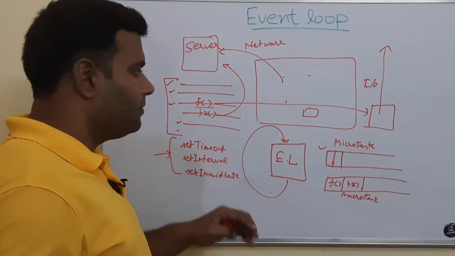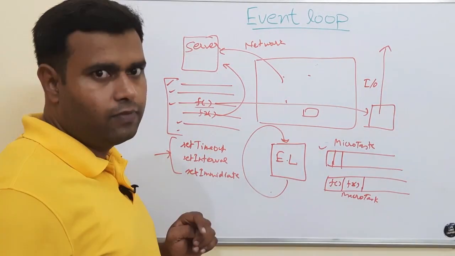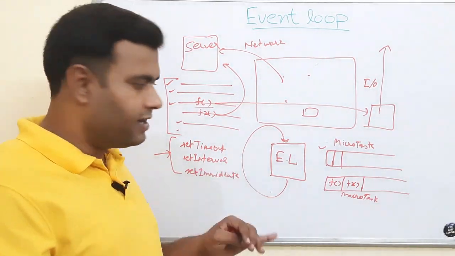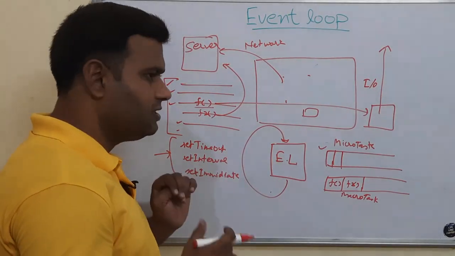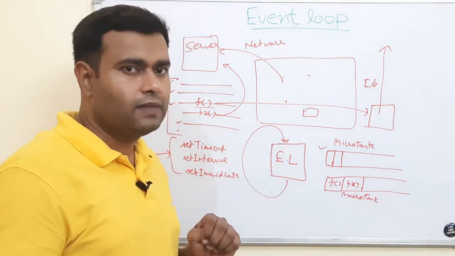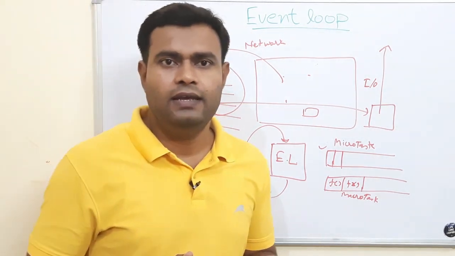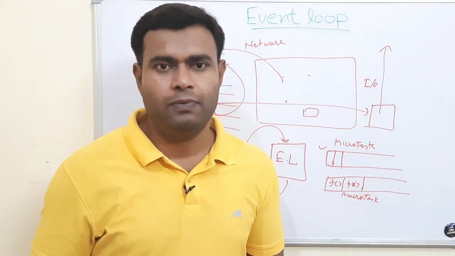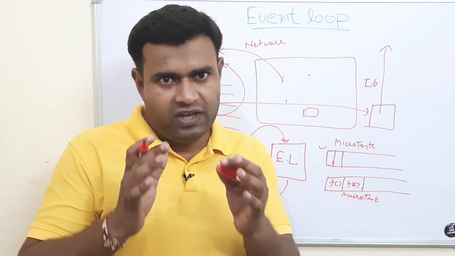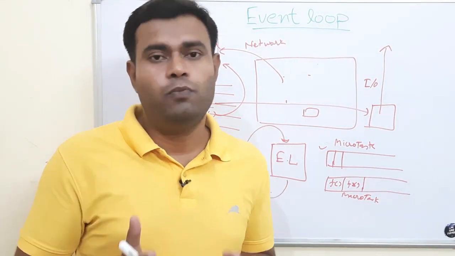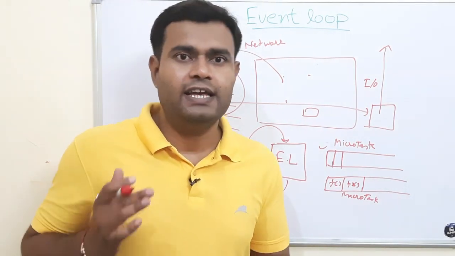Set interval, again, is a recursive thing, and the same logic applies as set timeout, but it will run again and again, and it will again go to the macro task. But let's say for performance reasons you are making some application, maybe a fintech or trading related application, and you are very focused on its performance, and you want to run a task immediately as much as possible.